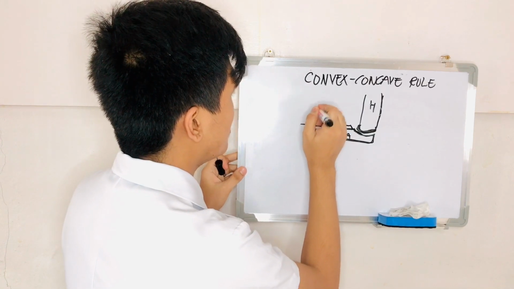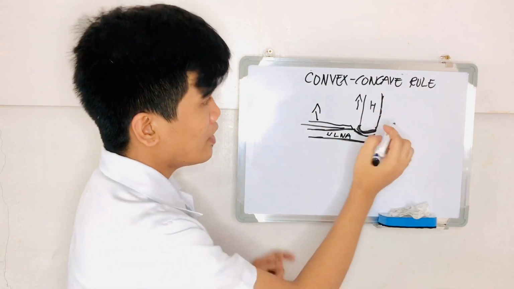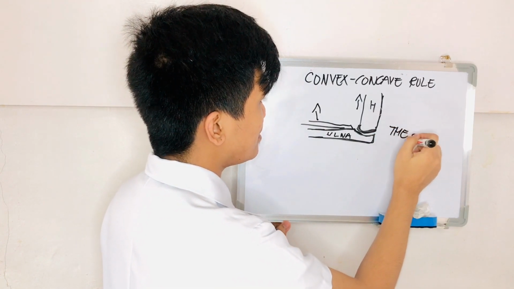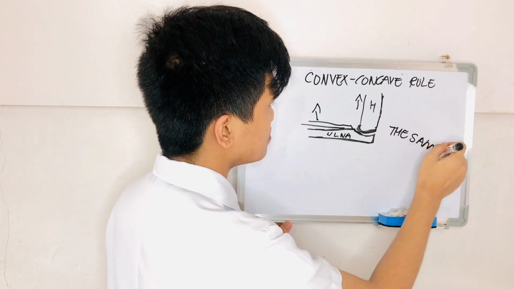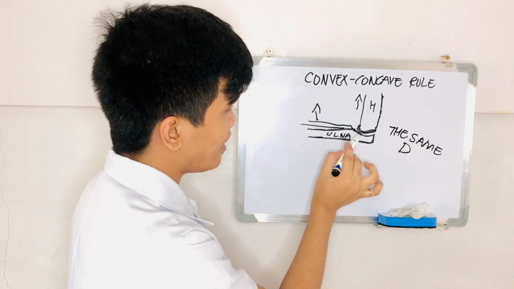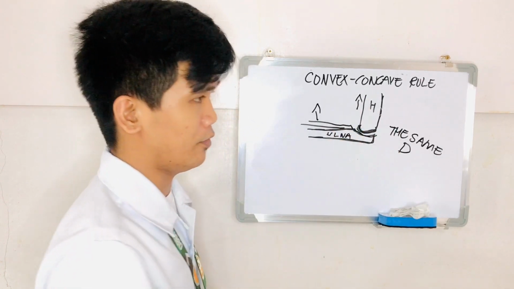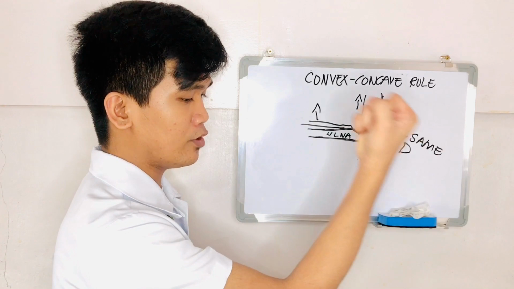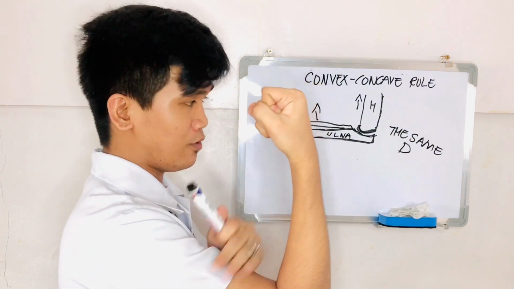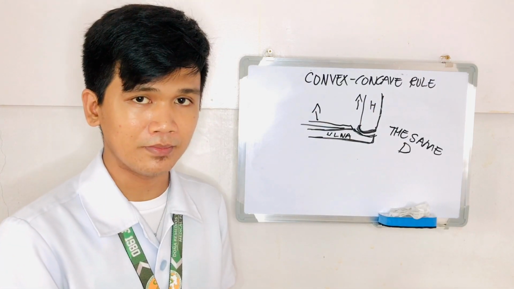So, ito, papunta siya sa taas, just like the humerus. Again, to remember, it's the same direction. Concave bone will move in the same direction as to the convex bone. So, kapag i-bend mo to, ito, upward na papunta sa humerus. Hindi siya pa-downward. The same direction.